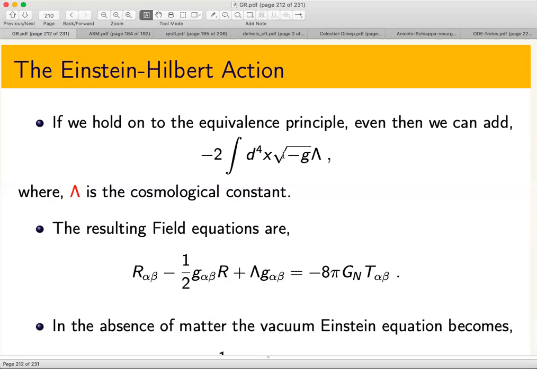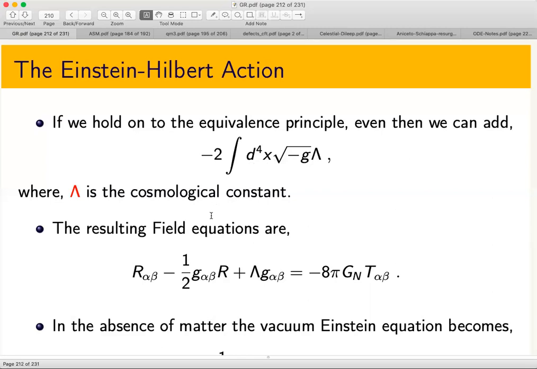And as you can see, this constant is inversely proportional to the volume of space-time. Integral d4x root g actually gives you the volume of space-time, and therefore lambda is inversely proportional to the volume of space-time. That means in terms of dimensions, lambda has a dimension of energy to the 4, or length to the -4 in natural units, both the things are same.